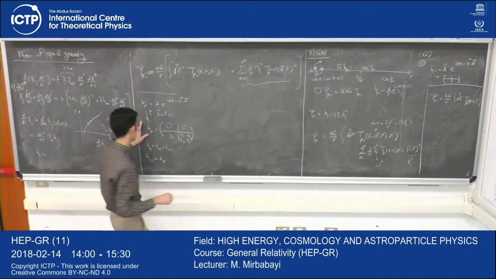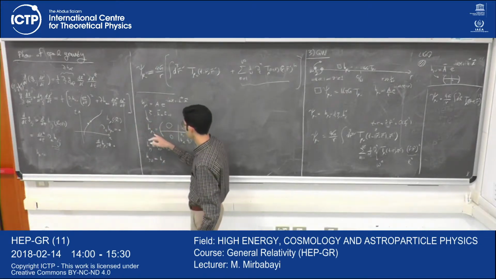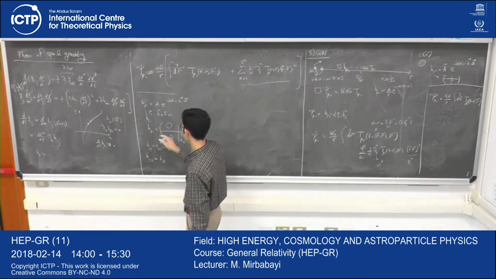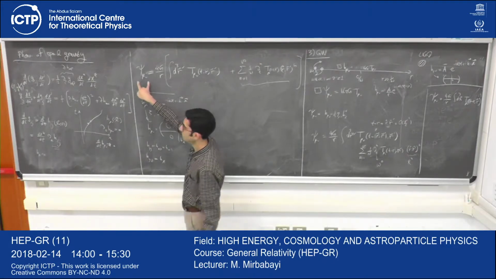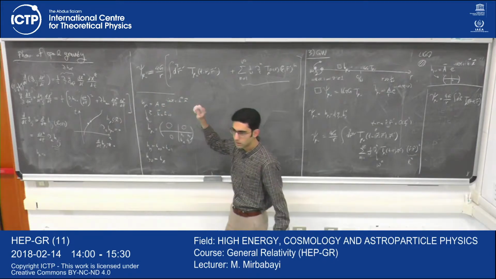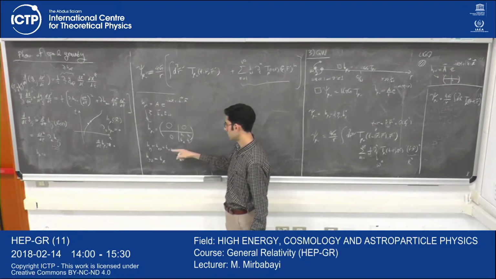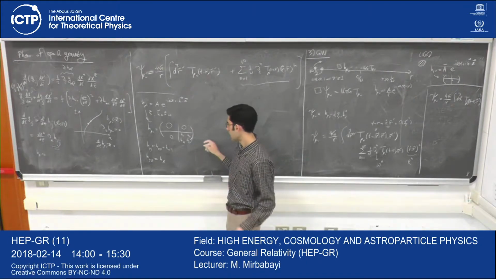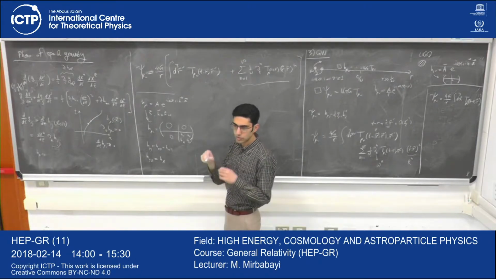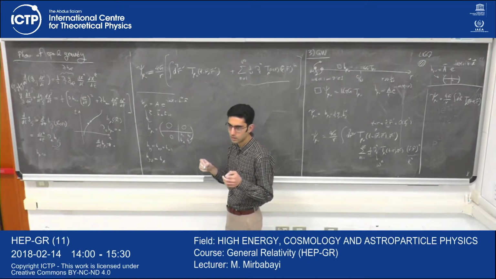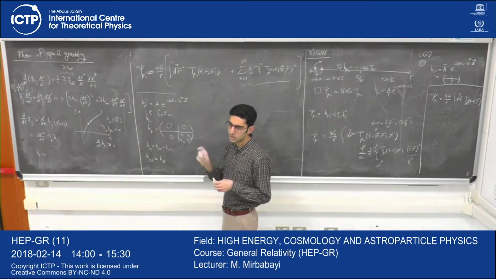Then once you bring it to this form, you can ask what happens to psi. Related to psi, these h plus and h cross components are basically related to the same components of psi, because these are traceless components.